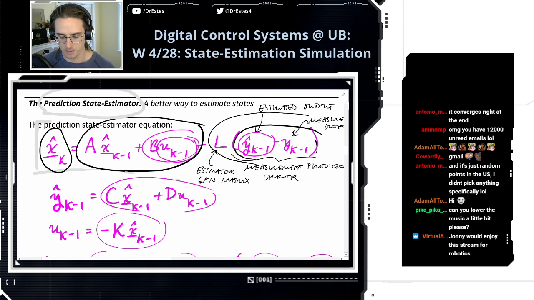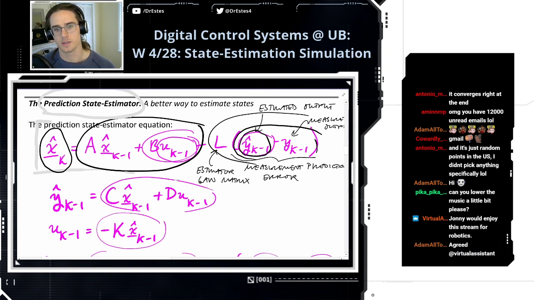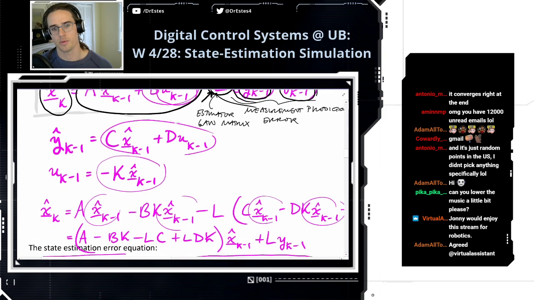This is the difference between your estimated sensor output and your measured sensor output. And we multiply that measurement prediction error by the estimator gain matrix. You choose this matrix, or you calculate it, depending on how quickly you want your estimated states to converge to the true states. So we went through a little example here.